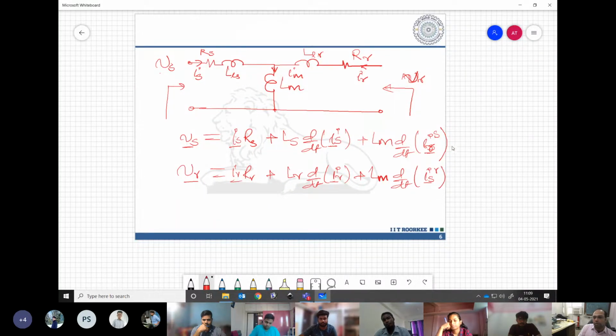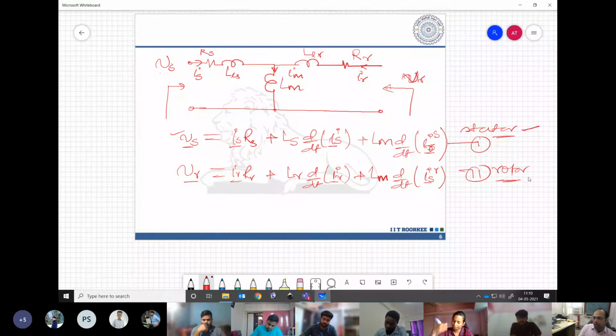Yes, in the rotor reference frame. So these equations we know, these are the generic equations. Equation number 1 is for the stator and equation number 2 is for the rotor, and they are in their respective reference frames. This we have understood very clearly.